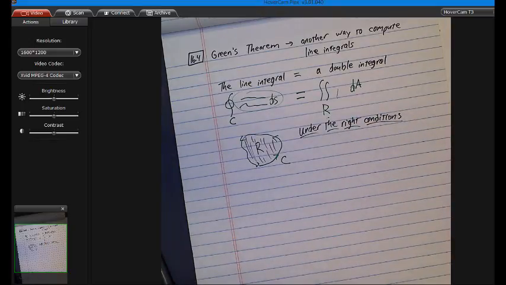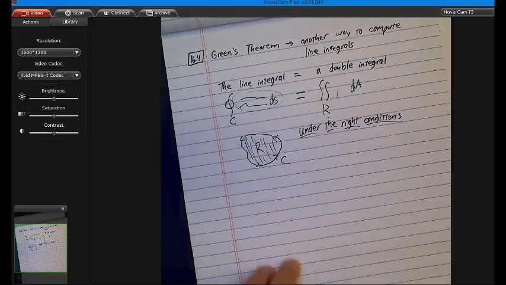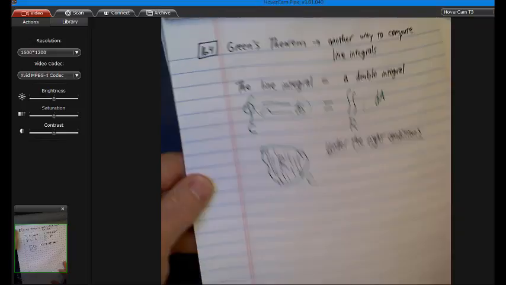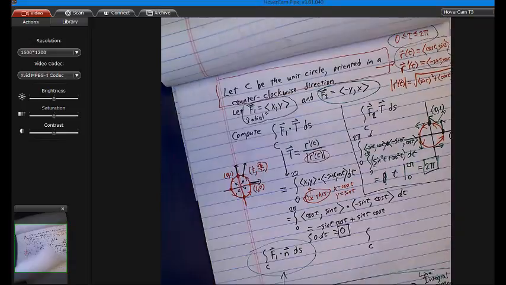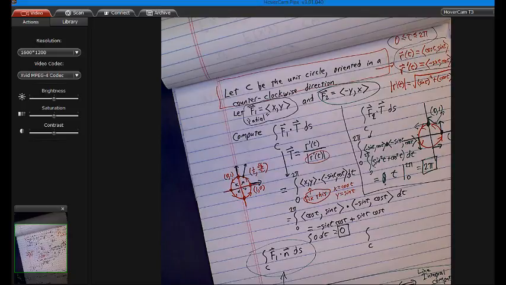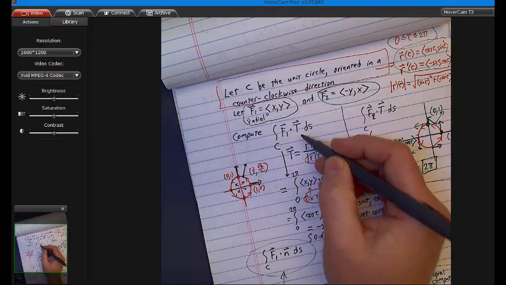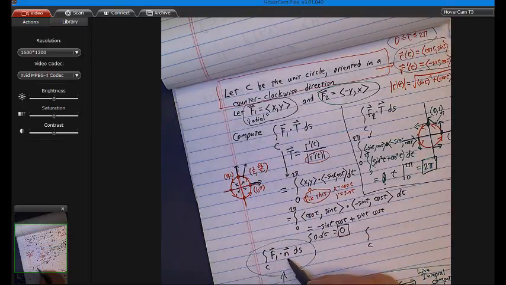Now, in terms of the examples we were just showing you, we had F dot T, and then we had F dot n.